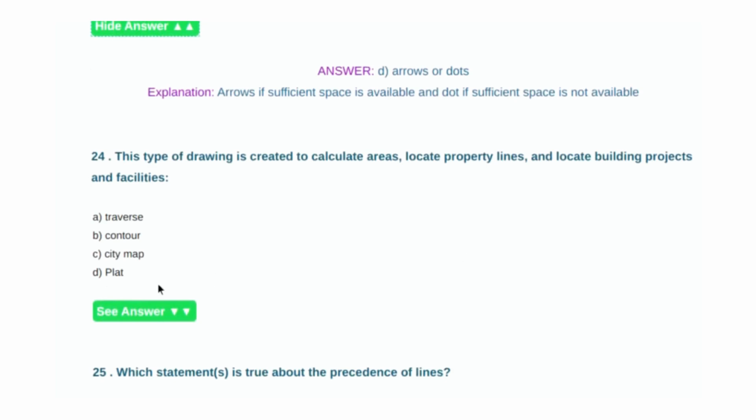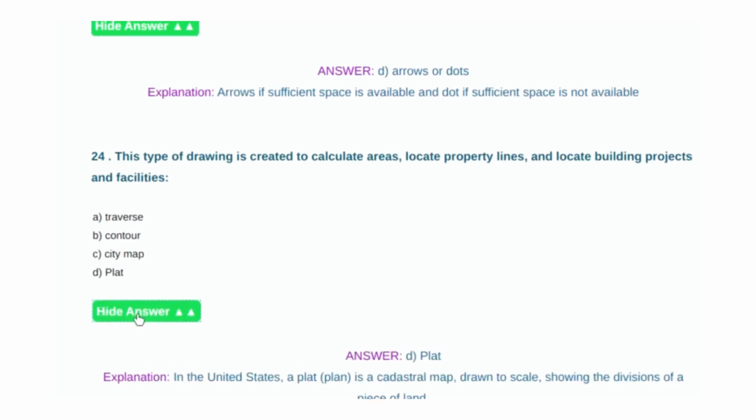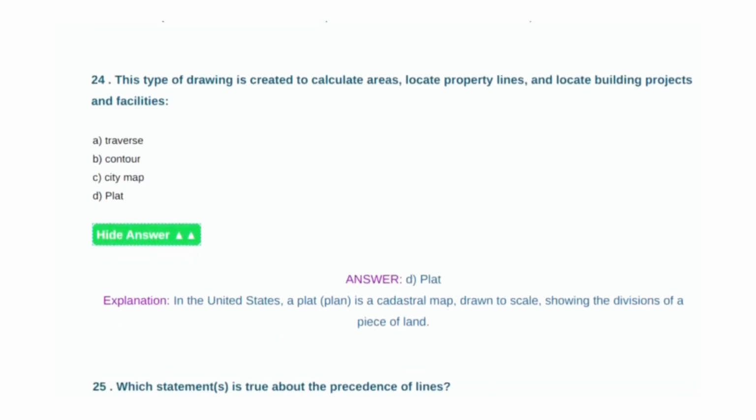I think city map. No, plat. In the US, a plat plan is a cadastral map drawn to scale. Cadastral map: property line, building projects, facility.